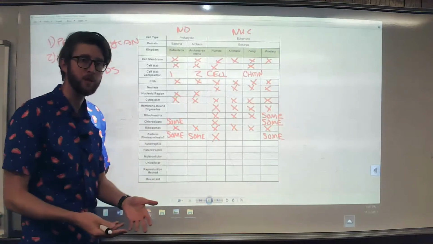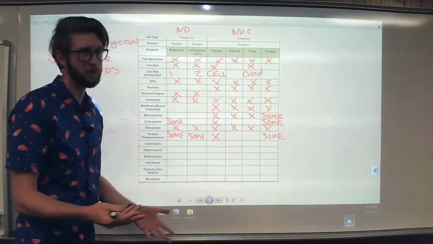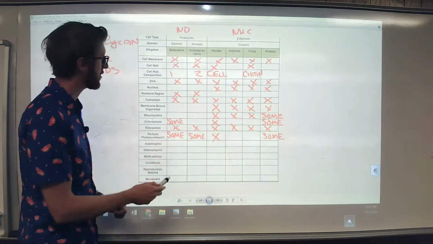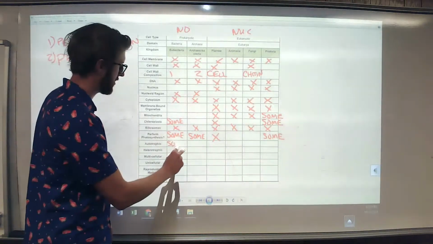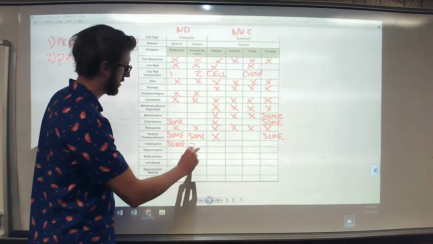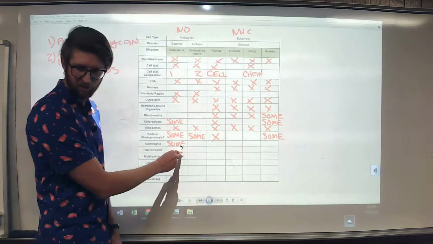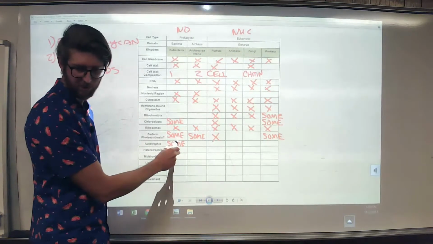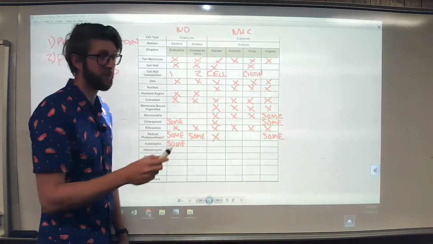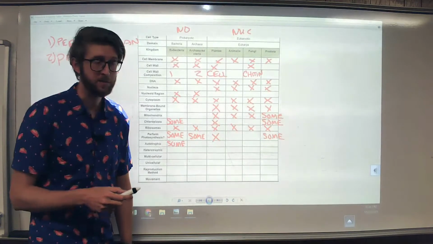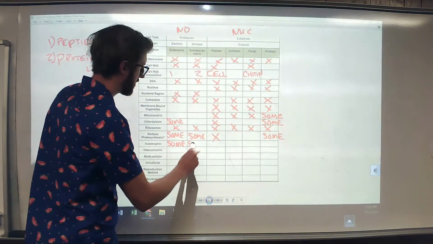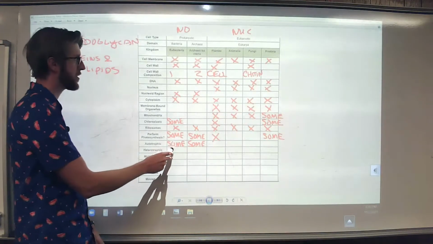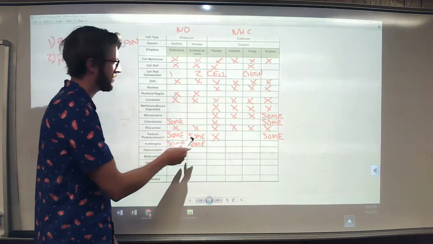Autotrophs, that means you make your own food, or you make your own energy, I should say. You get energy from yourself. Autotrophic, some of these are. Well, you know what? All bacteria are, aren't they? No, some are. There are some flesh-eating bacteria, I guess, so that's why only some. Technically, I can't put all bacteria. Some bacteria are autotrophic.